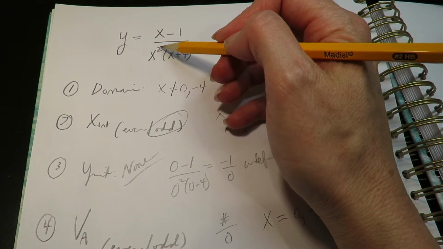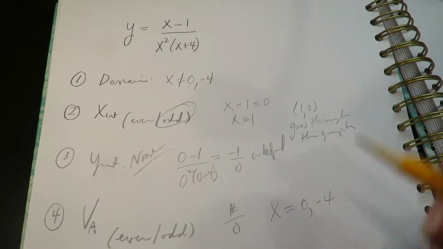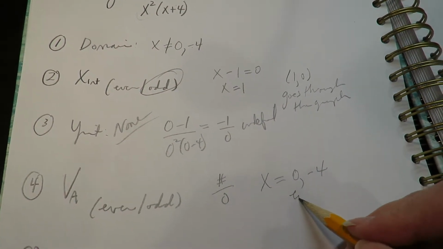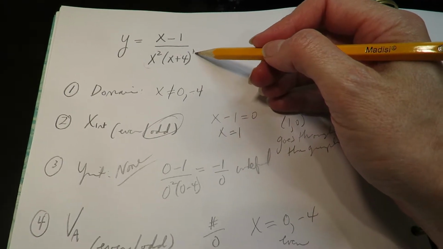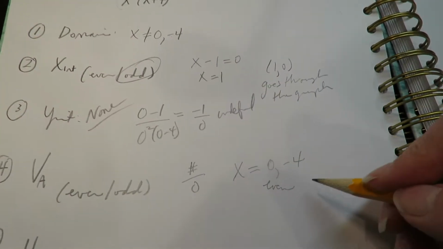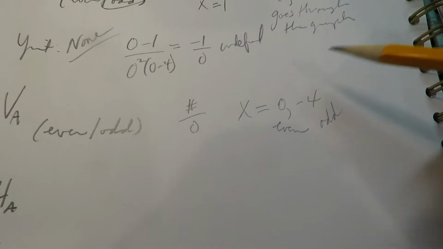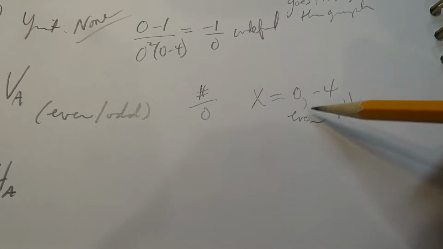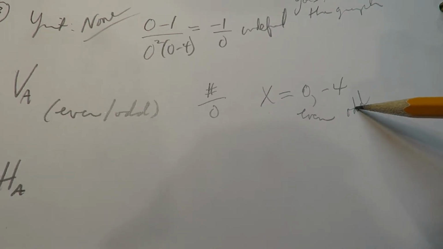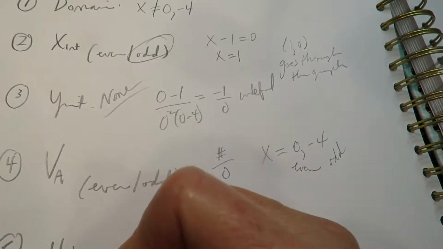This factor is squared, which means the 0 is even. And the -4, this is linear. The exponent is a 1, it's first degree, which means this is odd. So remember, for vertical asymptote, even means it's going in the same direction. Odd means it's going in opposite directions.